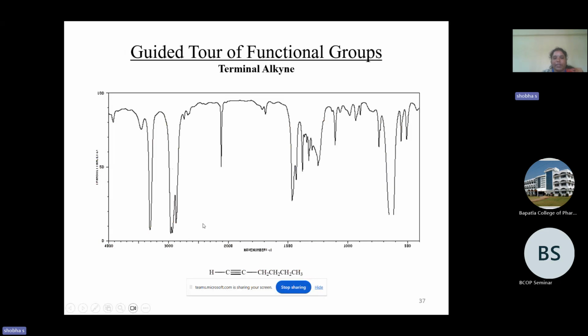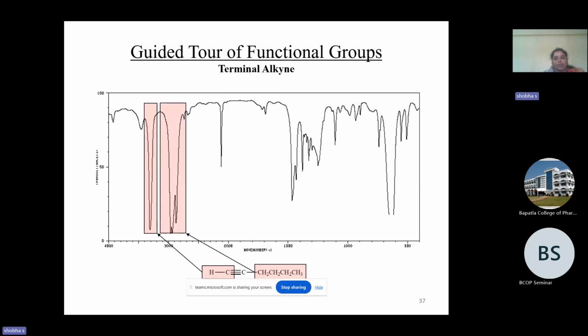So clearly I will give you an idea about how the peaks will appear for this compound. Especially this is an aliphatic compound where we are going to see the alkane chain. Adjacent to this, we have the alkyne stretch. So in the first zone, we see a sharp peak, that is the H attached to the alkyne.